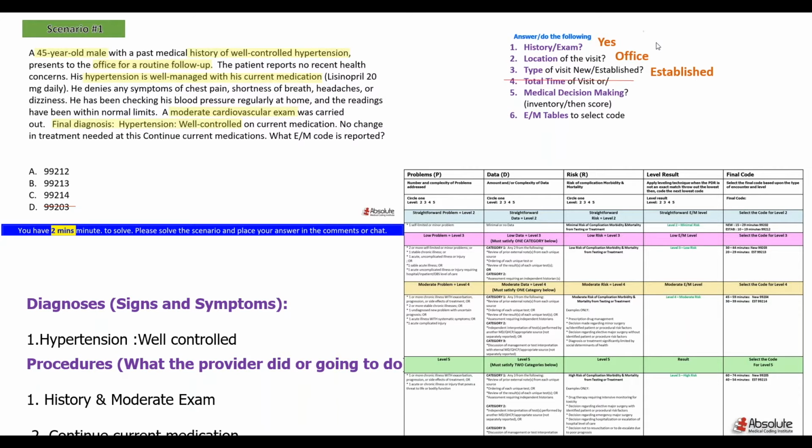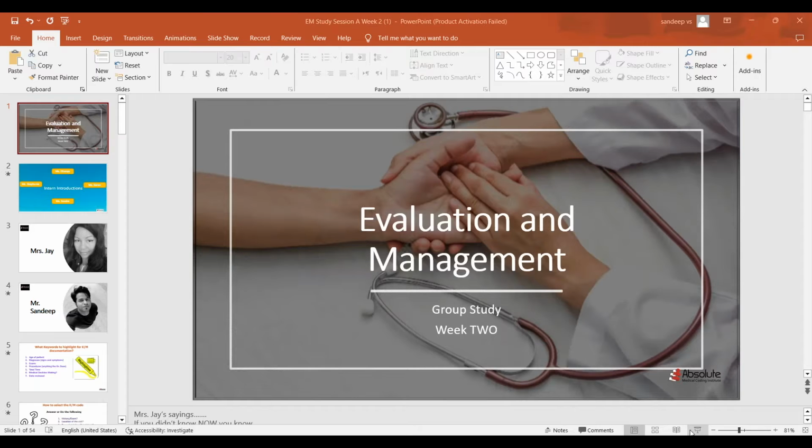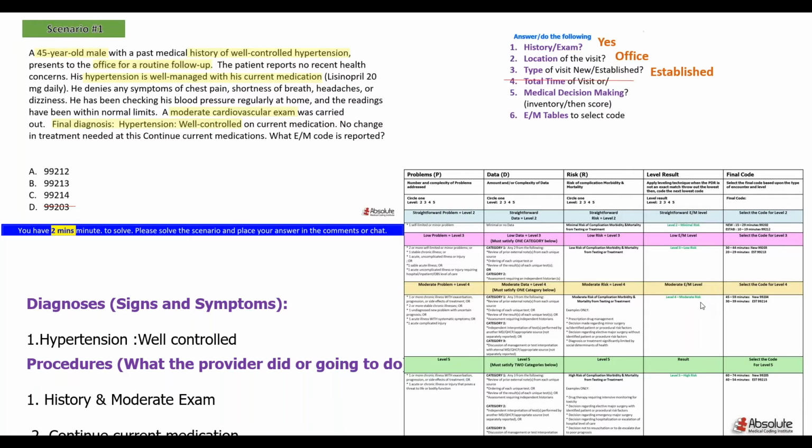Specifically, which point would you take for hypertension, well controlled, in the low category? There you go: one stable chronic illness. Exactly. So I would also take it as a low problem, one stable chronic illness.